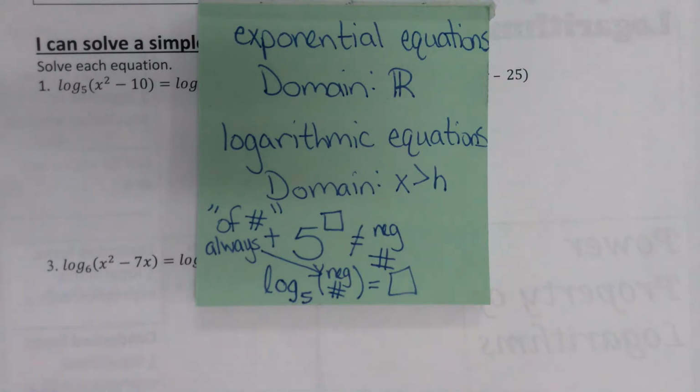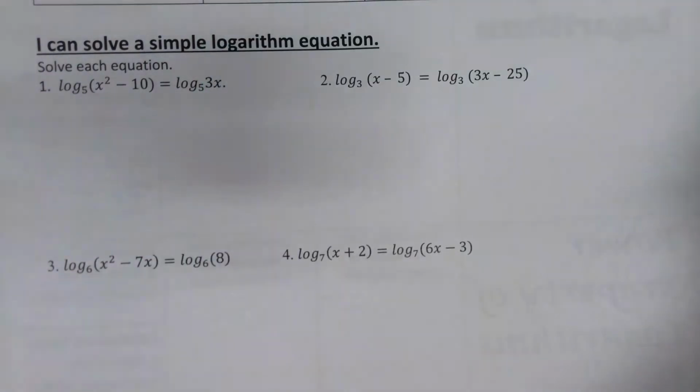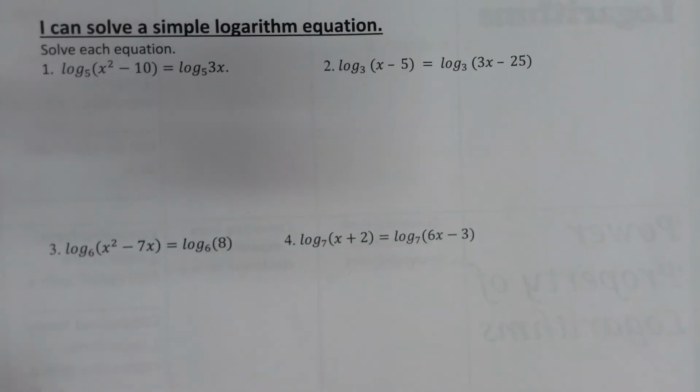So let's take a look at solving these simple logarithm equations. And just like when we had exponential equations, if our bases were common and the same, then we can set our exponents equal to each other. Well, in logarithm equations, if our bases are the same, then we can set our of numbers equal to each other.